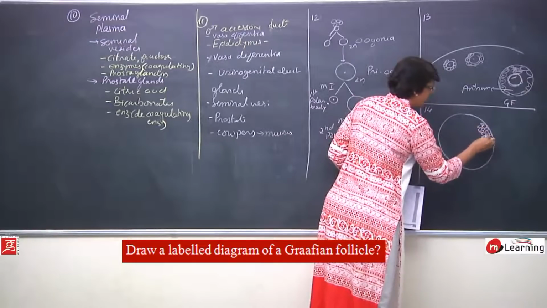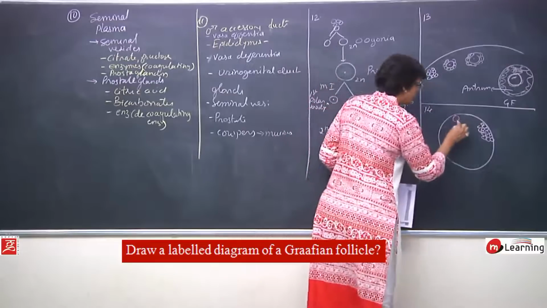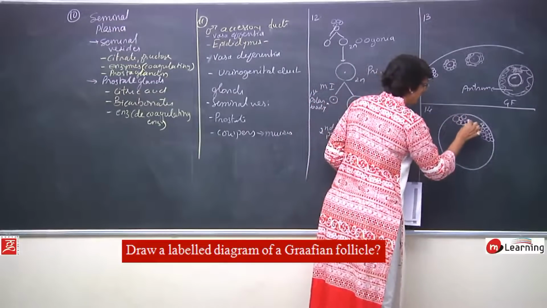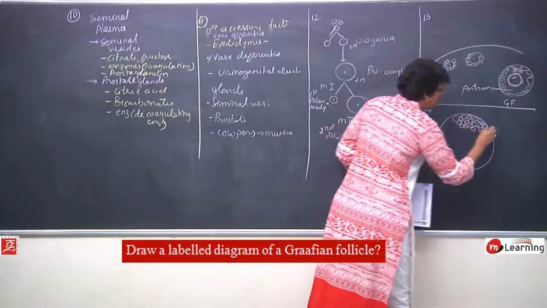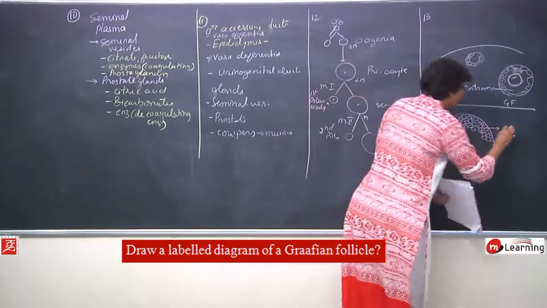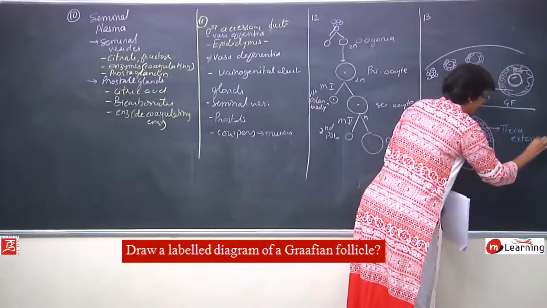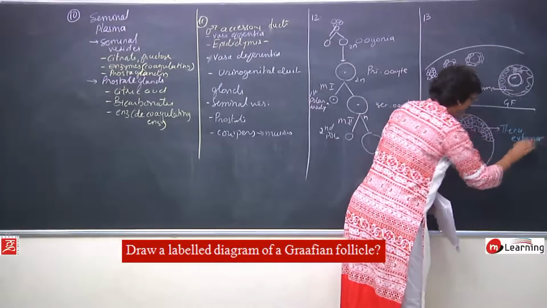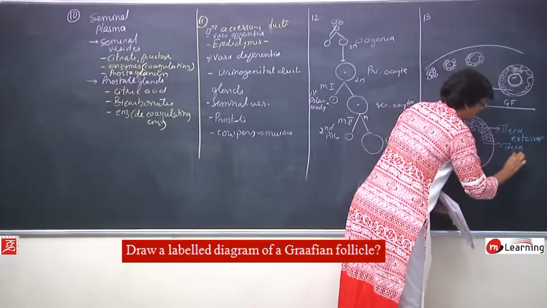This complete membrane is known as membrana granulosa. Outer cells are known as theca externa and the inner cells are known as theca interna cells.